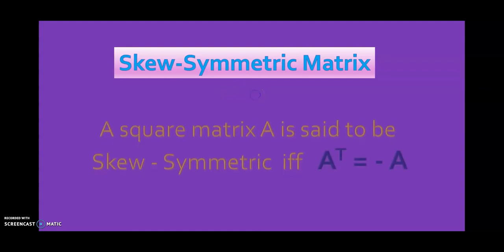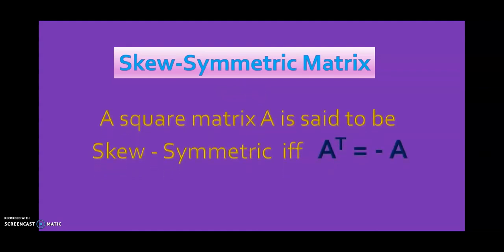Now the definition of another matrix which involves the transpose. The other matrix is the skew-symmetric matrix. A square matrix is said to be skew-symmetric if and only if the transpose of the given matrix is equal to the negative of the given matrix.